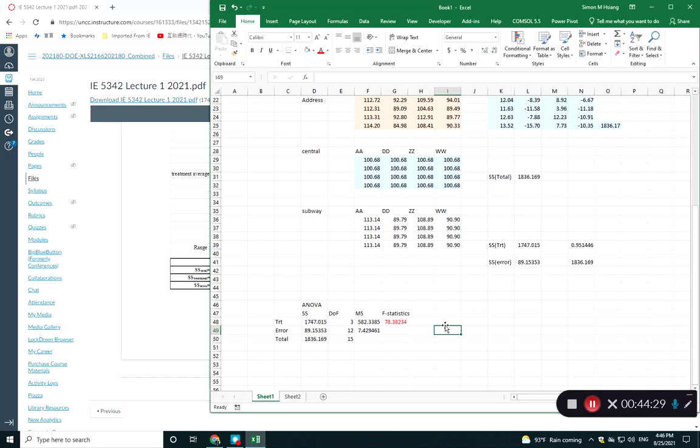And this is the magic number we're going to compare with something and say that, oh, that 78.38 is beyond reasonable doubt. It's very significant. Or I have quite some doubt. It's not that significant.